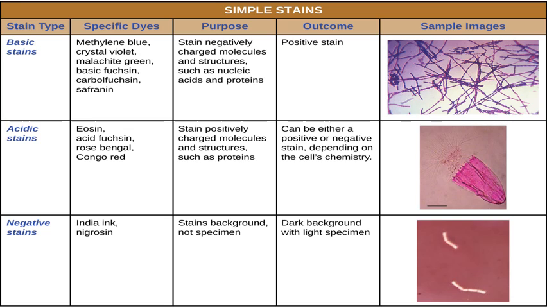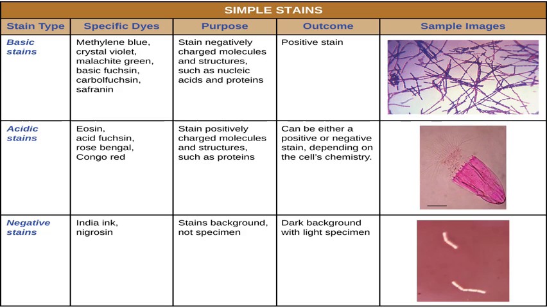Next one is acidic stain. Examples of acidic stains are eosin, acid fuchsin, rose bengal and Congo red. And what is the purpose of this acidic stain? It stains positively charged molecules and structures such as proteins. The molecules which are positive in nature can be stained by using acidic stain.